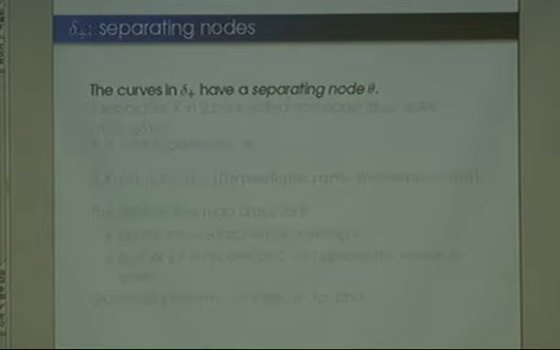A little more detail. So these curves in delta i, the way I like to look at them is that they have this point, this node, what we call a separating node.